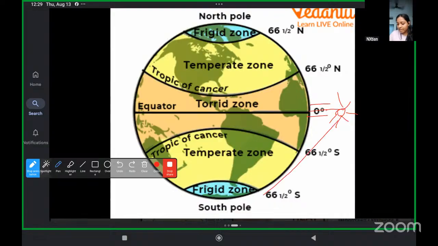This part is very cold because the sun rays are not able to reach; the frigid zone is the farthest. So the North Pole and the South Pole are the coldest. So you understood where the North Pole and South Pole are located on our Earth? That is where these poles are located.